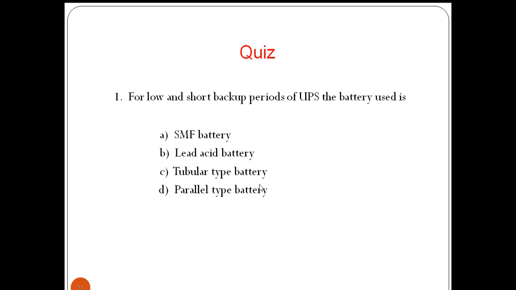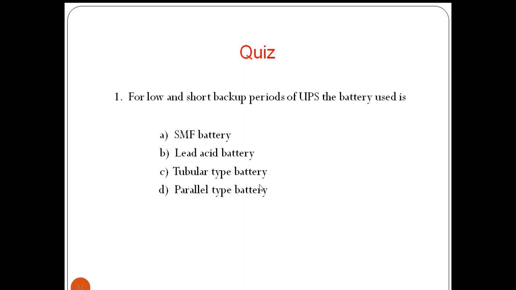For low and short backup periods of UPS, the battery used is: SMF battery, lead acid battery, tubular battery, or parallel battery.